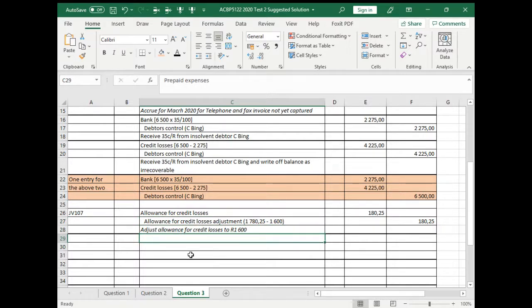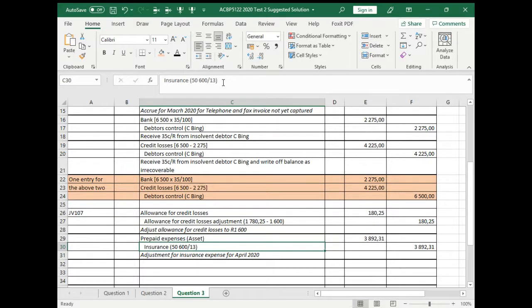Then number 6 is the insurance expense we've prepaid. So we want to take the expense out of this year's profit and loss and move it to the following year's profit and loss. So what that means is we need to reduce our insurance expense. Now insurance expenses are normally debited, so to reduce the expense, we have to credit it, and then we have to debit prepaid expenses. Prepaid expenses is an asset account.